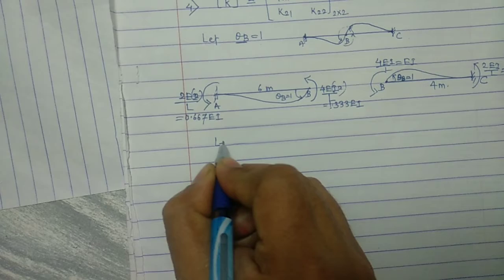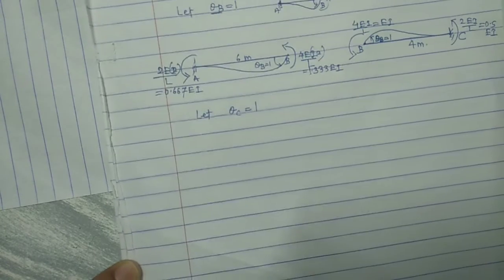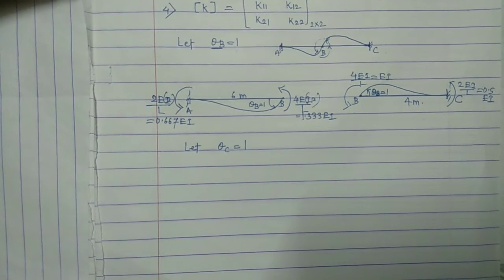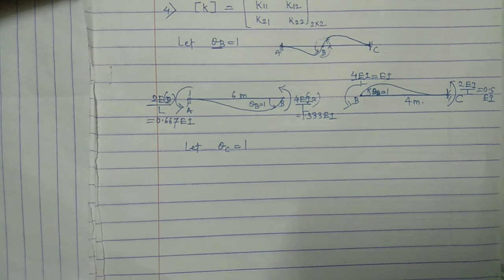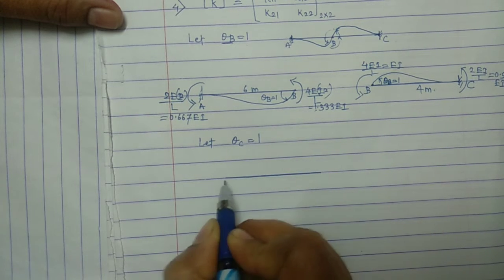Now second step, let the second degree of freedom equal to 1, that is theta C equal to 1. So when theta C equal to 1, C point, it is only for member BC, not AB. So when C is rotated, it will affect only member BC. So here we will draw only member BC.